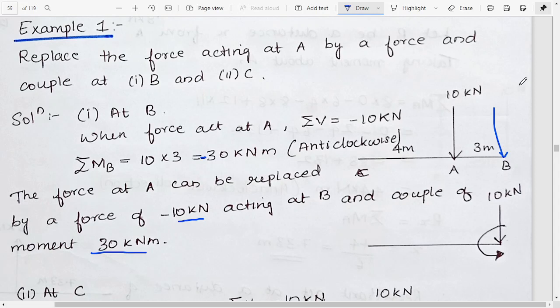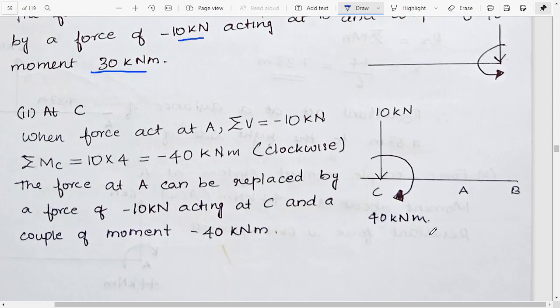So we can say that if you are taking this minus 10 kilonewton force here, then it will be a force of minus 10 kilonewton and also a moment of 30 kilonewton meter. Okay, that is what it is saying.